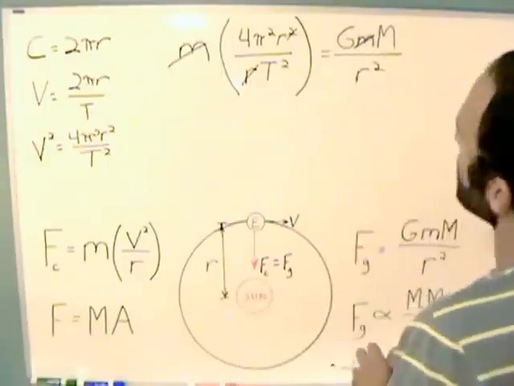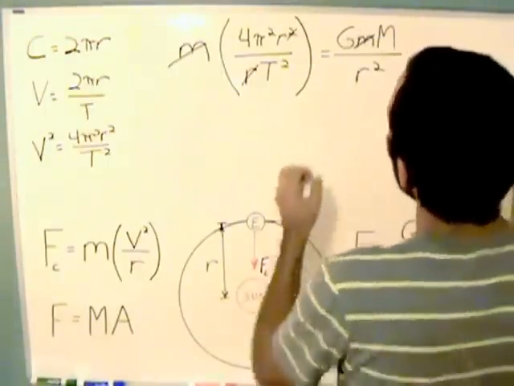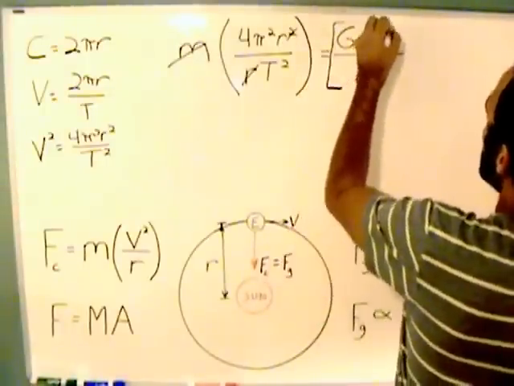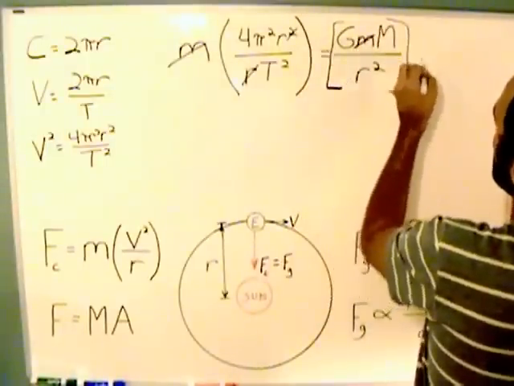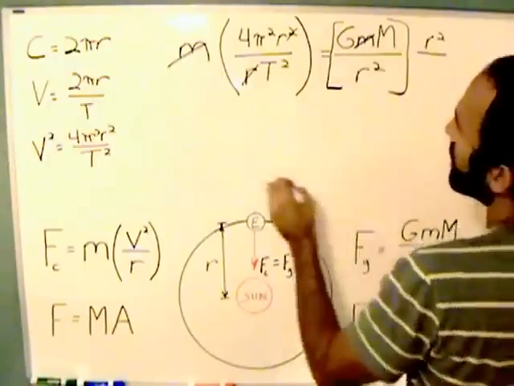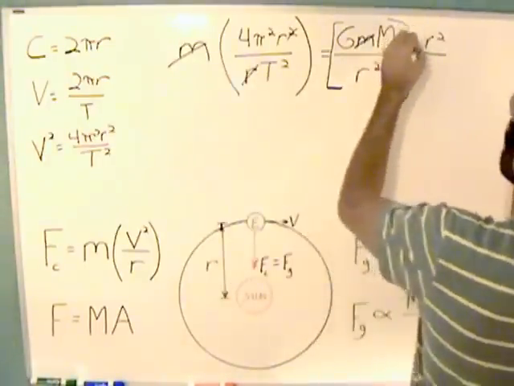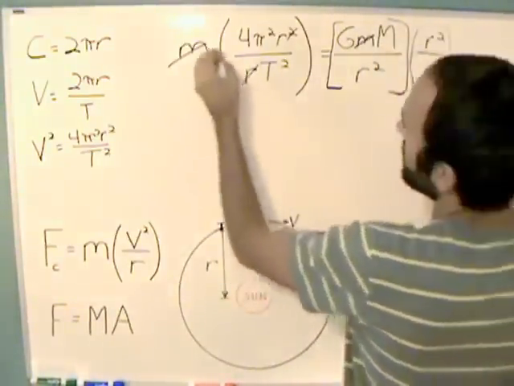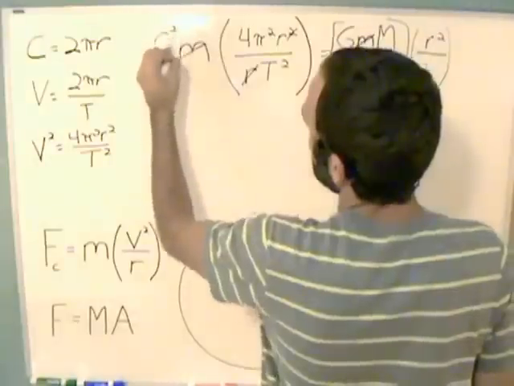So, to get r by itself, we multiply this side times r squared, r squared over 1, and this side times r squared over 1.